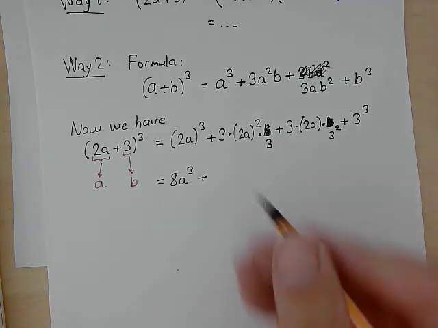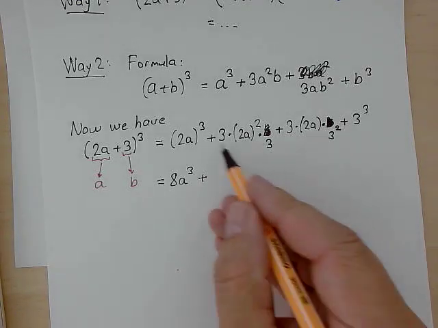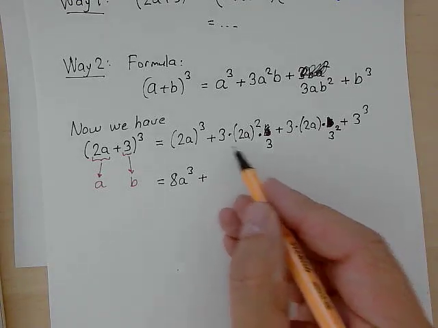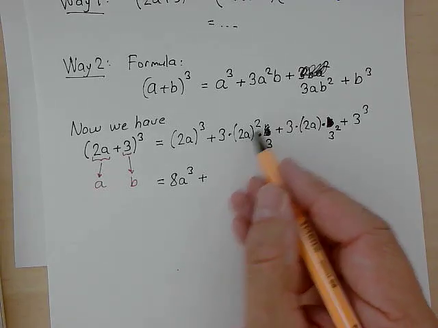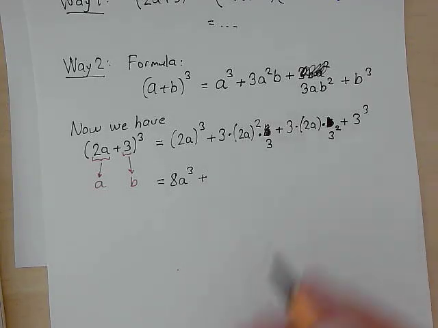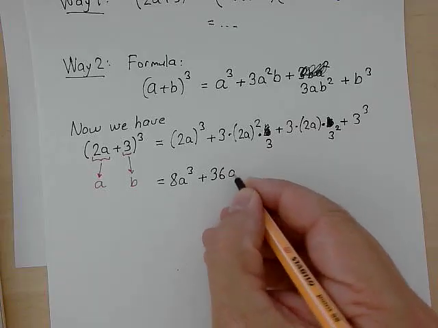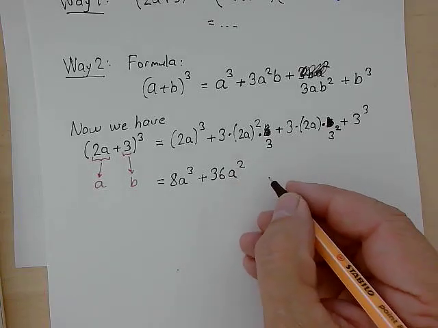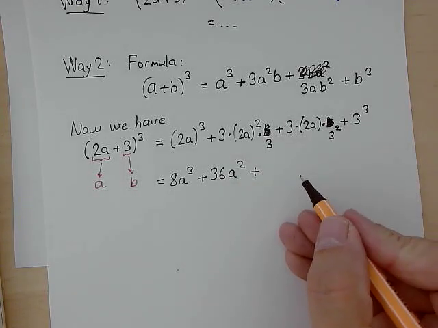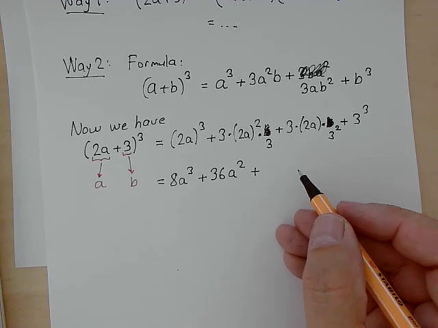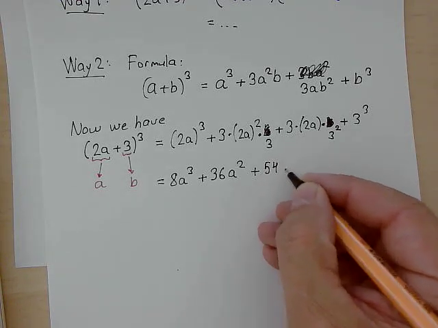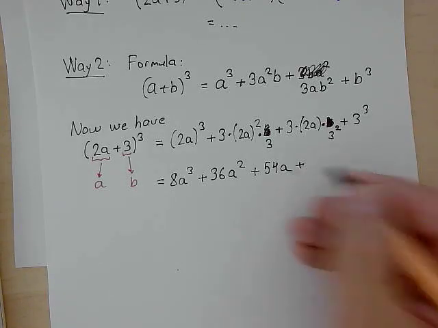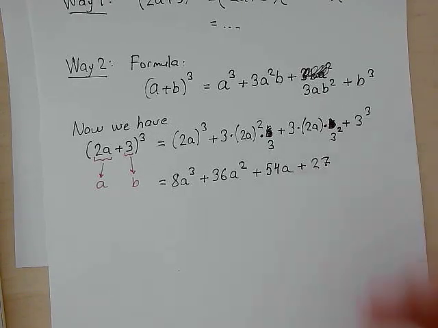Yeah, 36a squared. 3 times 3 equals 9, and here comes 4, 4 times 9, 36. Then 54a, and plus 27.